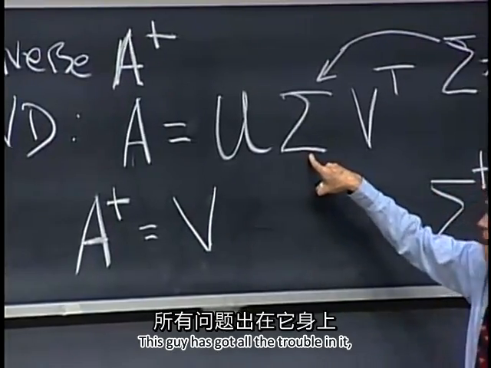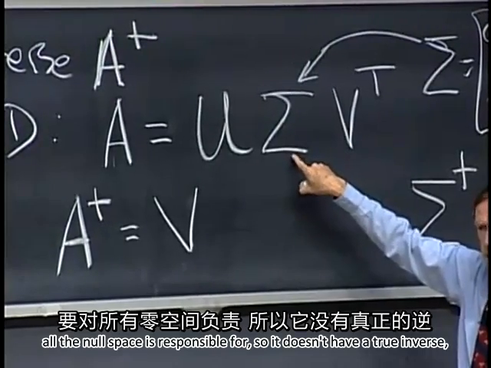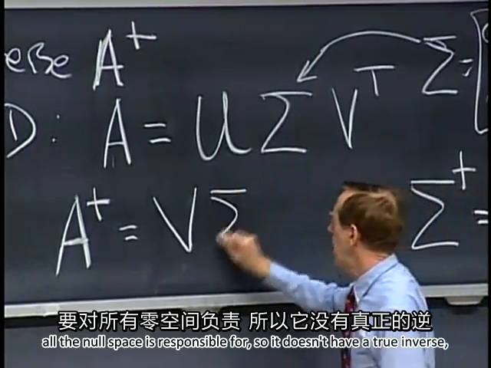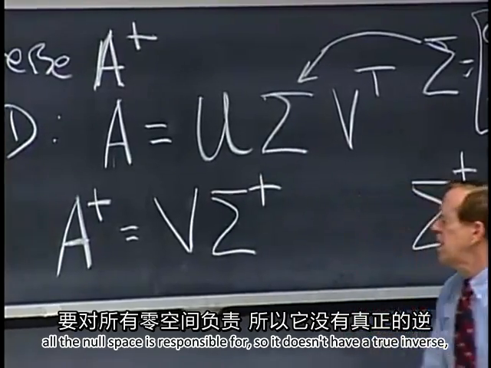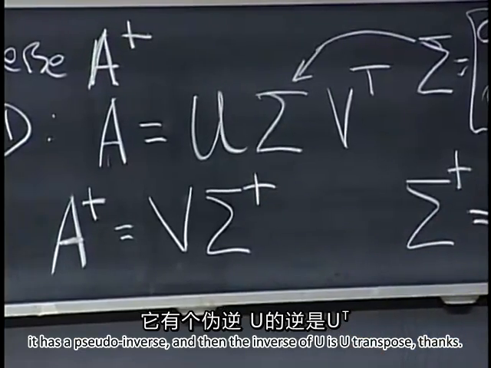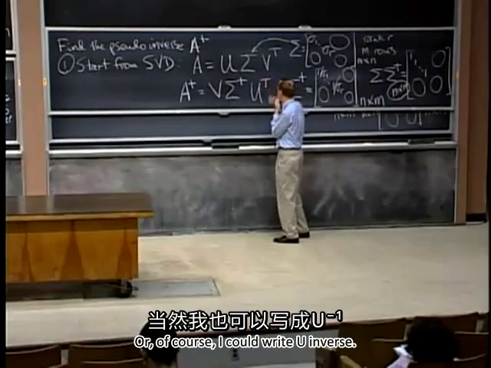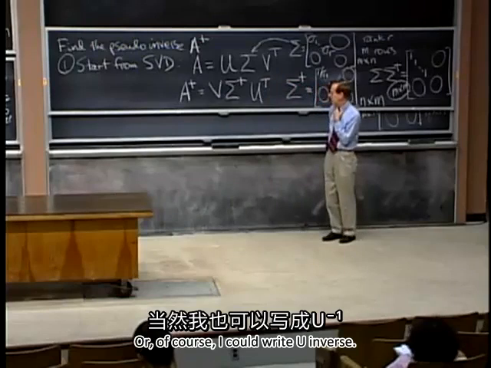This guy has got all the trouble in it. All the null space this is responsible for. So it doesn't have a true inverse. It has a pseudo-inverse. And then the inverse of U is U transpose, thanks. Or, of course, I could write U inverse.